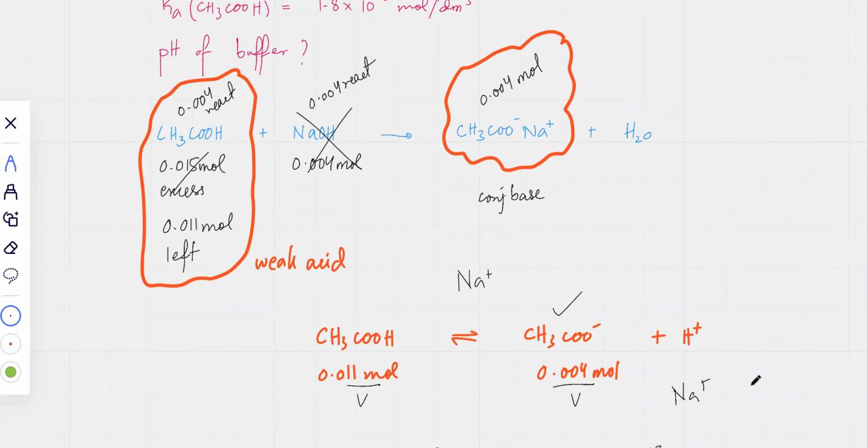There's water as well, but all of these are just spectators. They're not actually taking part in the reaction. So whenever you see a salt, think of the metal ion as completely irrelevant, as something invisible. It's basically just ethanoate ions.